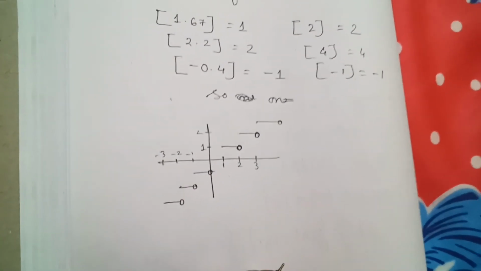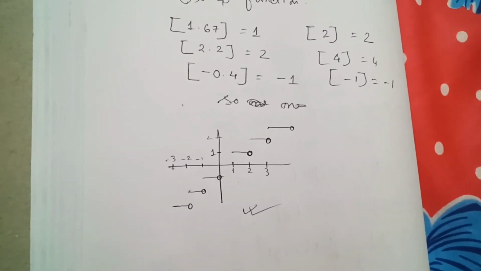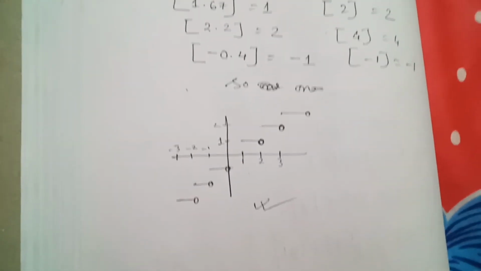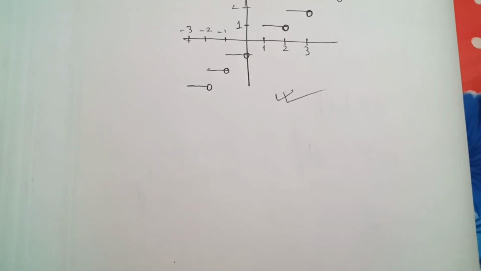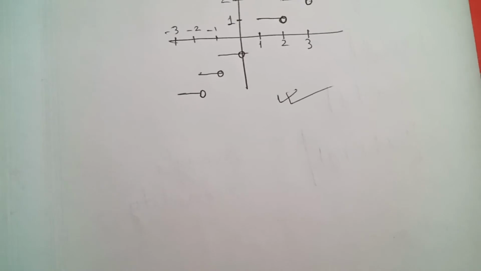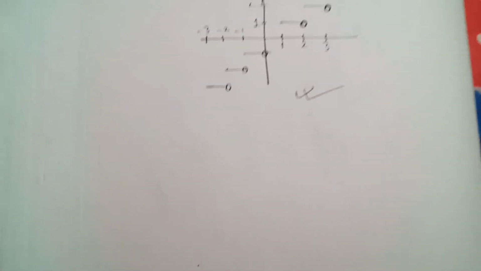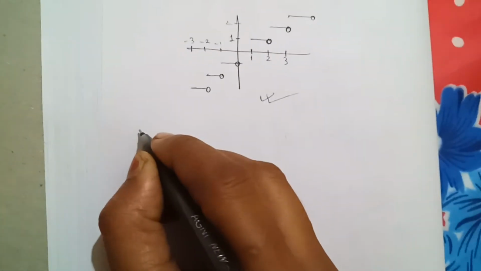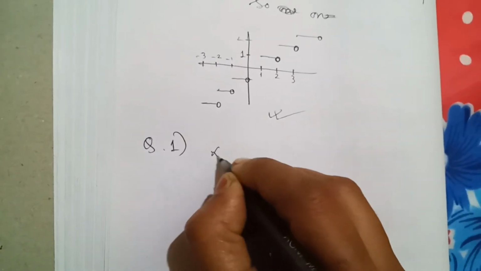Okay, so these are all the normal standard functions that we are going to use in our syllabus. Now I'm doing a question so that it becomes clear how some of the questions in your NCERT book can be done. So question number 1: find the domain and range of the real functions.